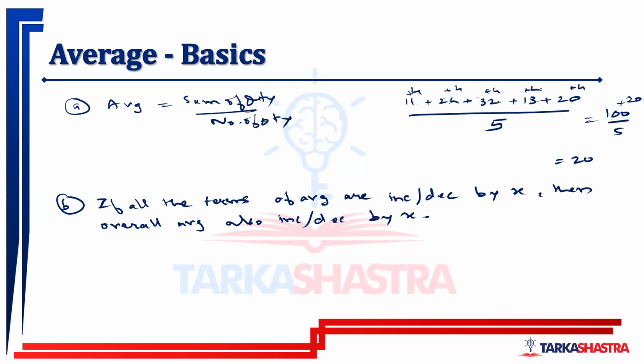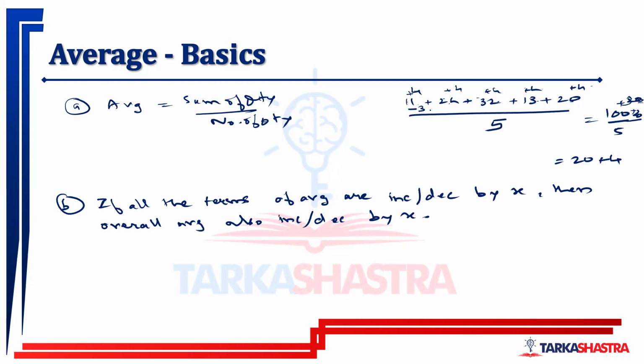Yes or no? 4, 4, 4, 4, 4. Now, this overall total increase by 20 when divided by 5 increases the average by 4. This is what we are trying to say: if each and every term is increased or decreased by a certain value, the overall average also increases or decreases by the same value.